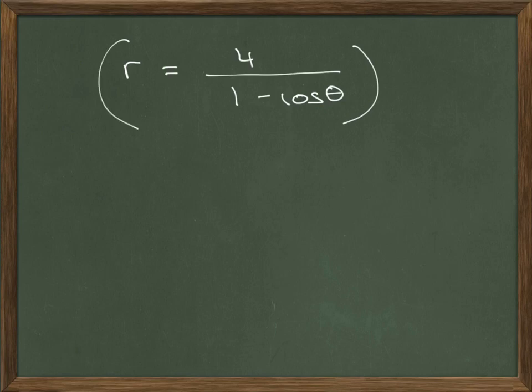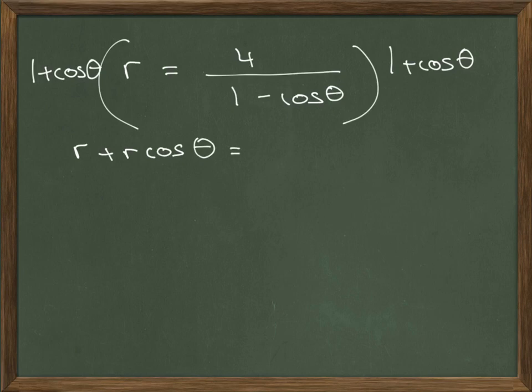This is fun stuff. Let's take a look at r equals 4 over 1 minus cosine theta. Let's multiply both sides by 1 plus cosine theta. That gives you, we distribute the r, r plus r cosine theta equals 4.